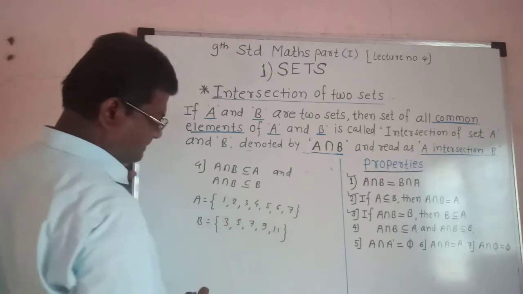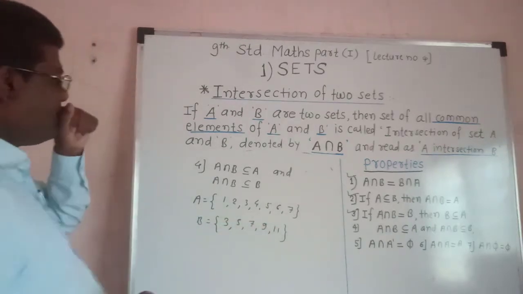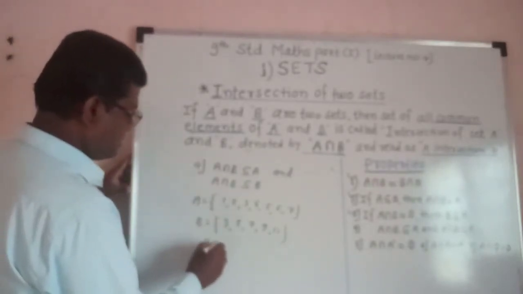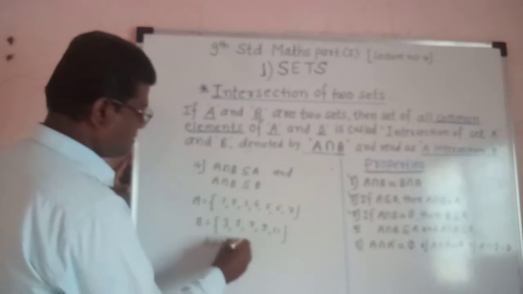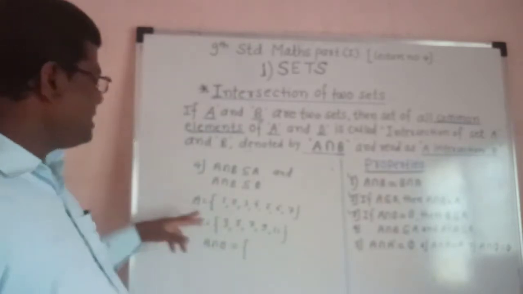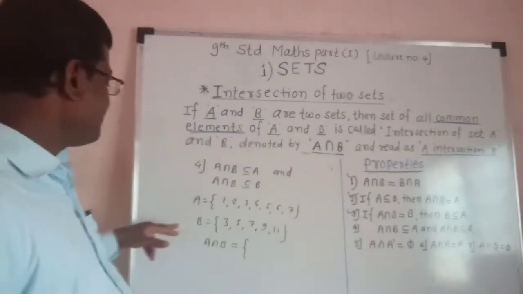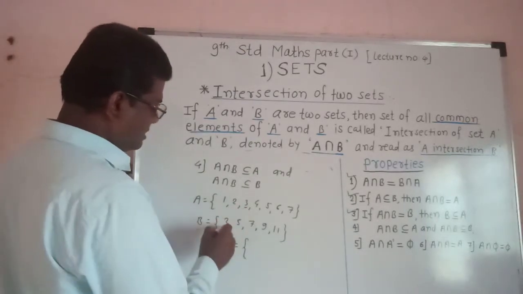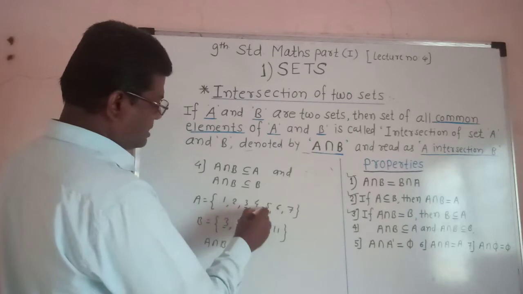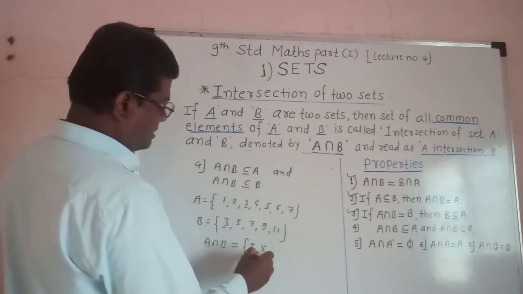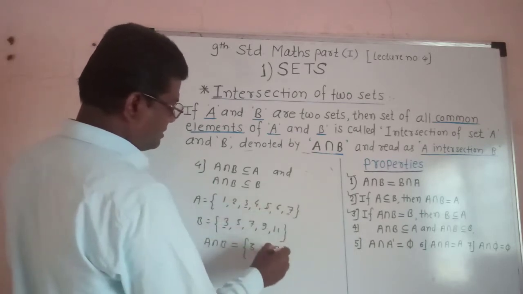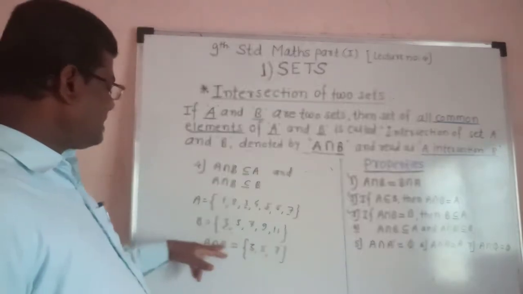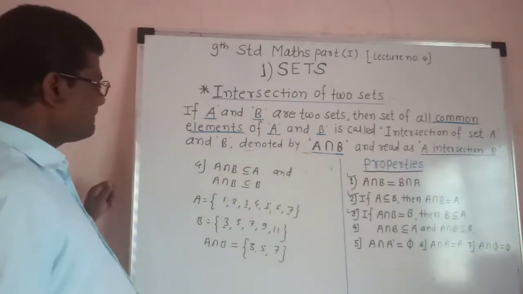Now find A intersection B. A intersection B is the set of common elements in A and B. So what are the common elements? There is 3, then 5, and then 7. These are the common elements in sets A and B, that is A intersection B.